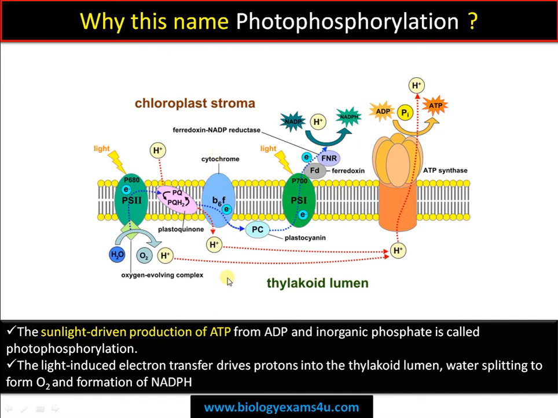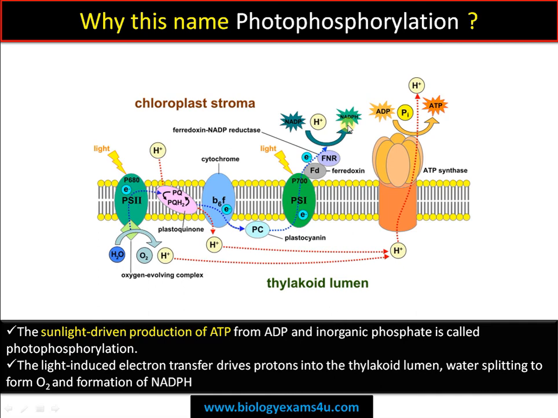Cytochromes are proton channels. So this creates a gradient, and the electrons move to plastocyanin and finally reach PS I. Here also these electrons are in a low energy state, and this is further excited by sunlight and moves to ferredoxin, and there is an NADP reductase enzyme that will convert NADP to NADPH.